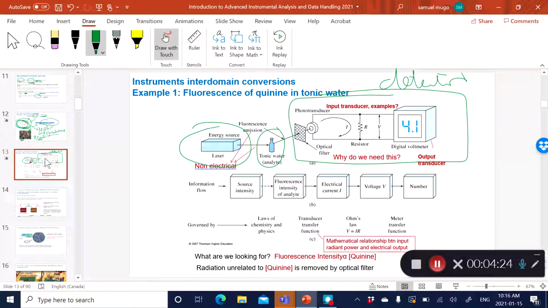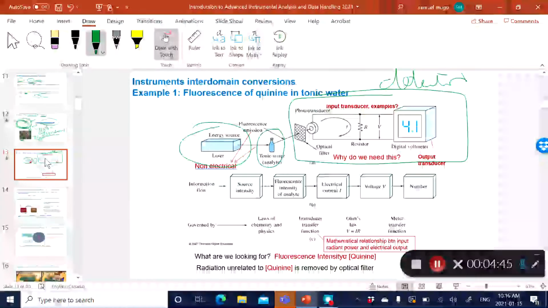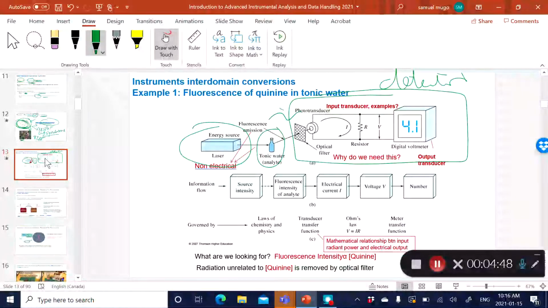So you're going to see that the laser, which is a physical quantity, impinges on the tonic water and a response happens, meaning you get excitation of the electrons from the ground level to an excited state, and then after that, they relax back to the ground state, resulting in emission of a photon. So in here, essentially, you still have an emitted photon coming from the tonic water.